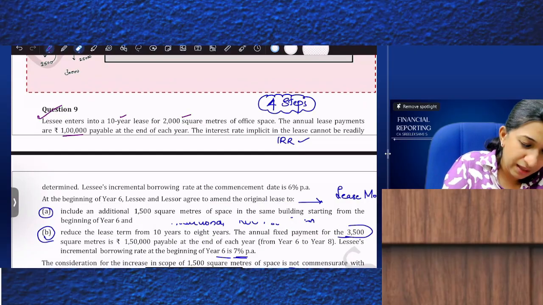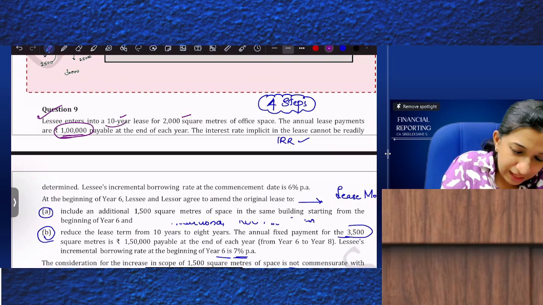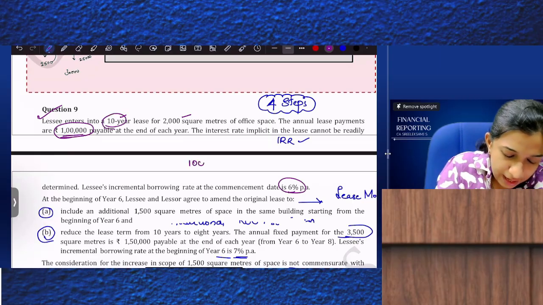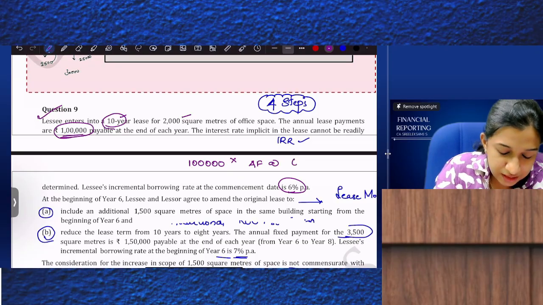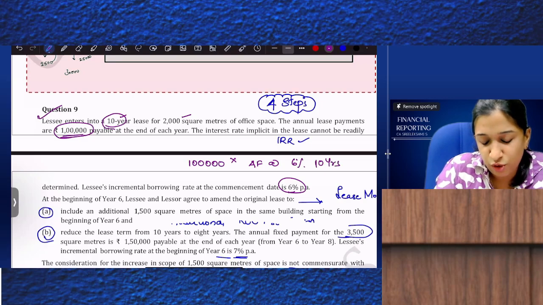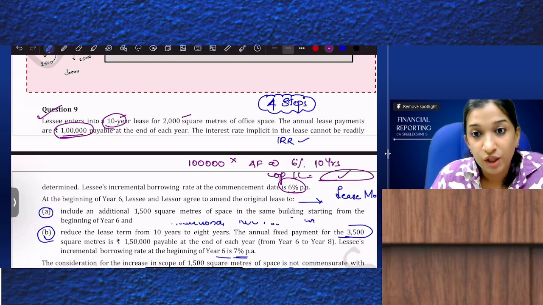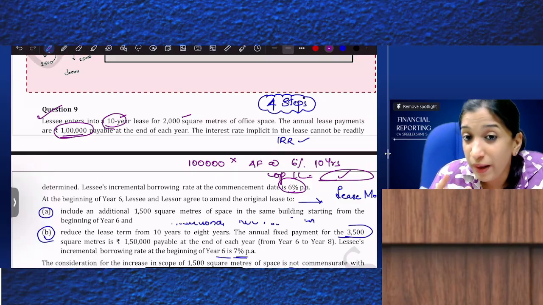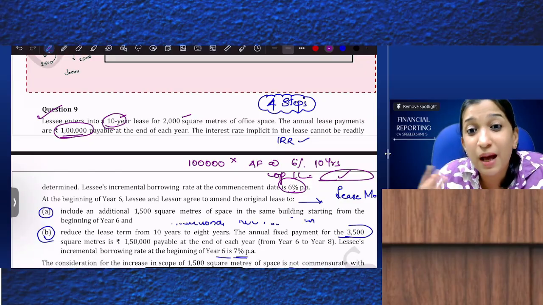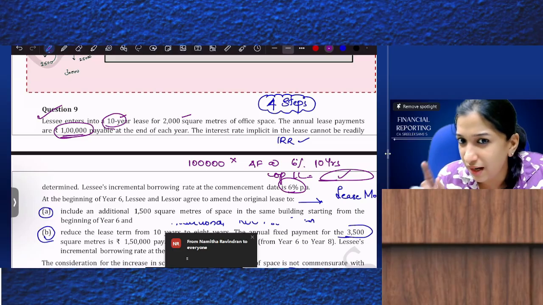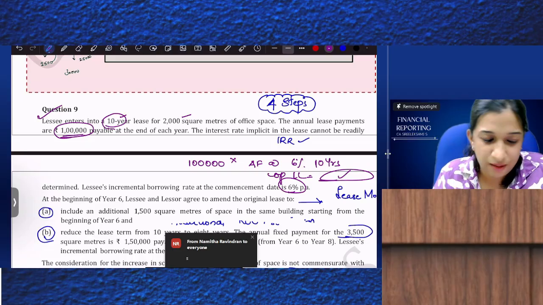Already it was 1 lakh payable for 10 years at 6%, so 1 lakh into annuity factor at 6% for 10 years gives the opening lease liability. But 5 years have expired, so you prepare the amortization table, unwind at 6% with repayments, and arrive at the book value of lease liability.